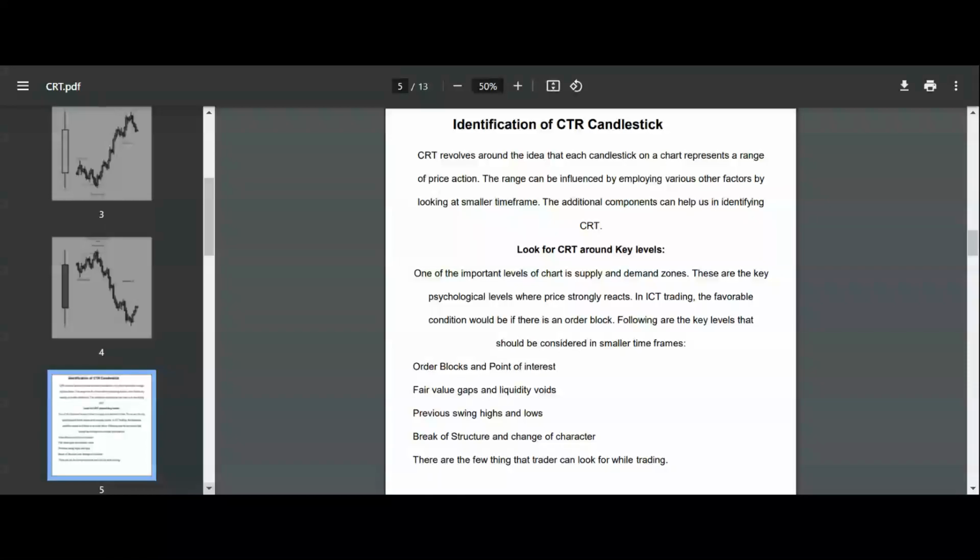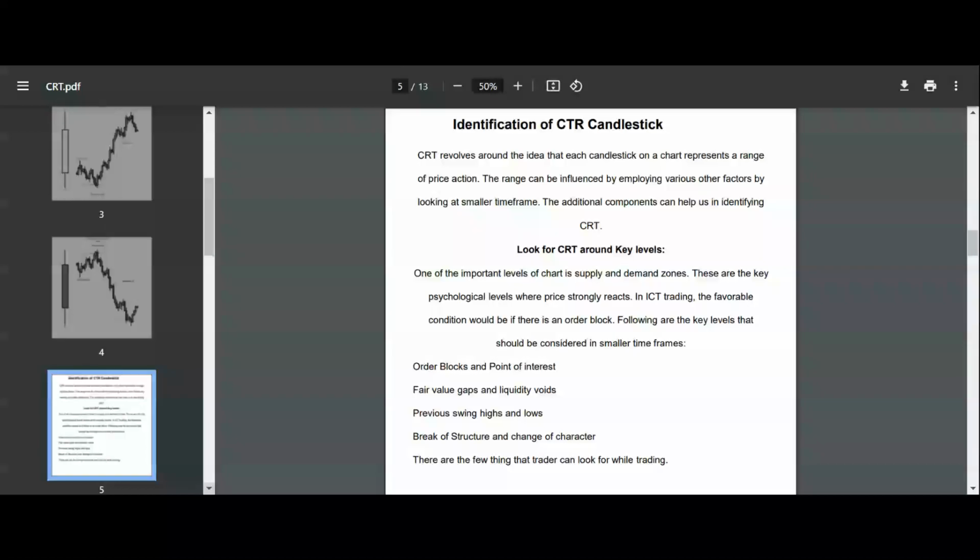But the most important thing you want to focus on as a CRT trader is to identify a key level around your CRT. Key levels are important price levels which form as support and resistance in the market.